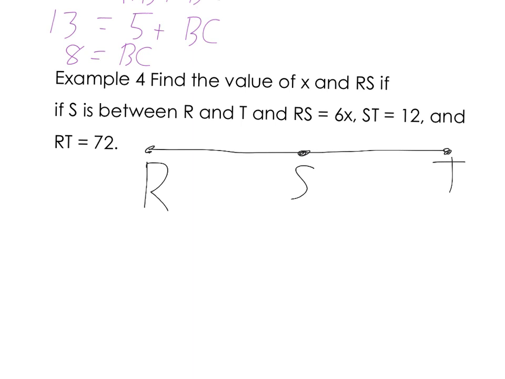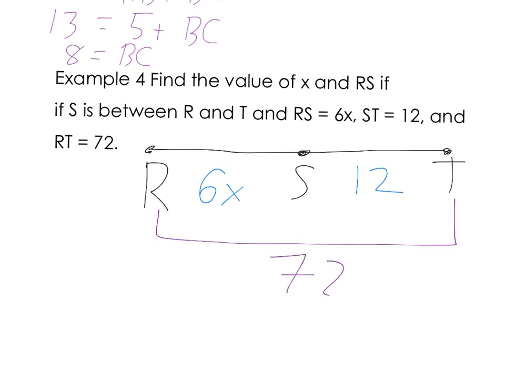We know that RS is 6x, ST is 12, and the full distance is 72. So let's set up our equation.